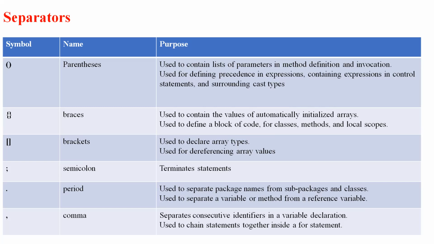Firstly we have the parenthesis. This parenthesis is used to contain the list of parameters whenever we need to define any methods or invocations in a particular program.